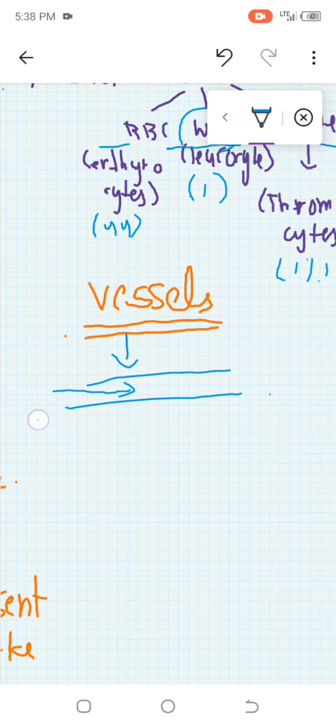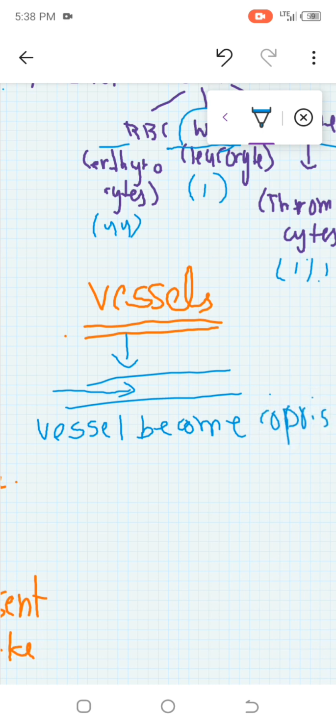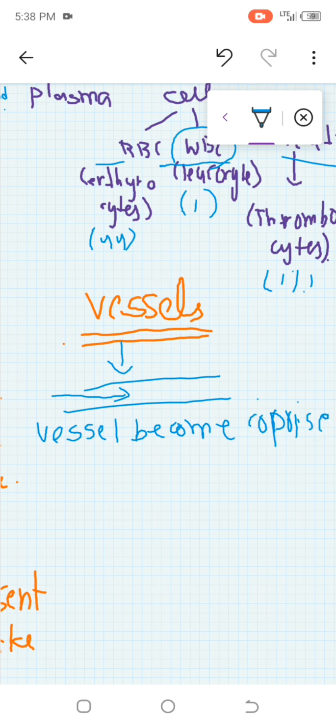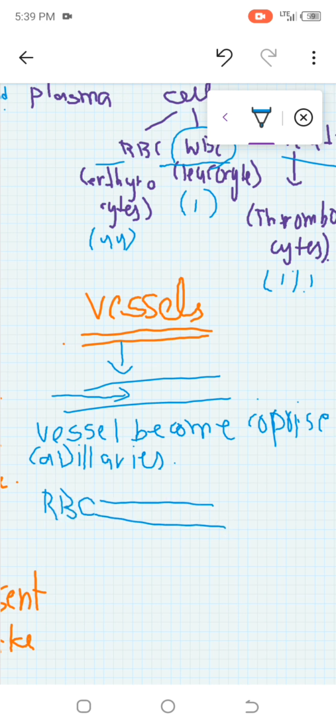These vessels become compressed to form capillaries. So when the red blood cell moves through the capillary, its wall will get damaged, because capillary walls are very thin and the RBC wall is very thick.